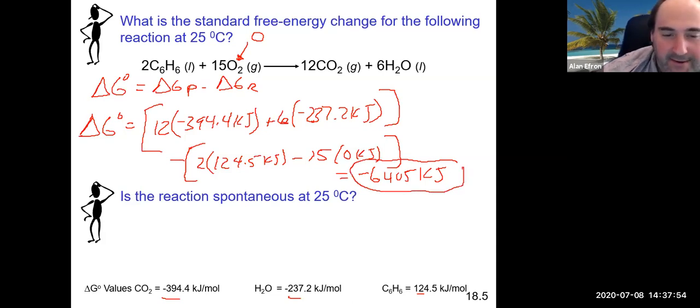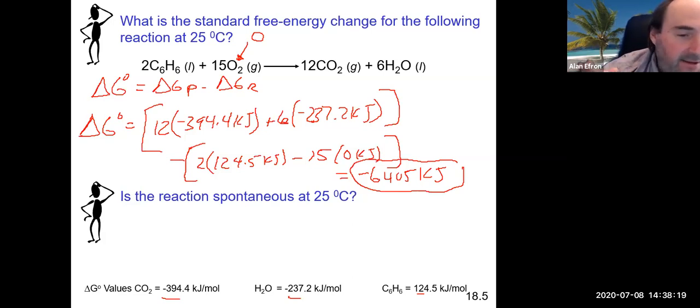Anybody else get that? Let me double check real quick. I feel like I hit some wrong numbers here. That looks good, I think. Perfect. All right, so minus 6405 kilojoules.